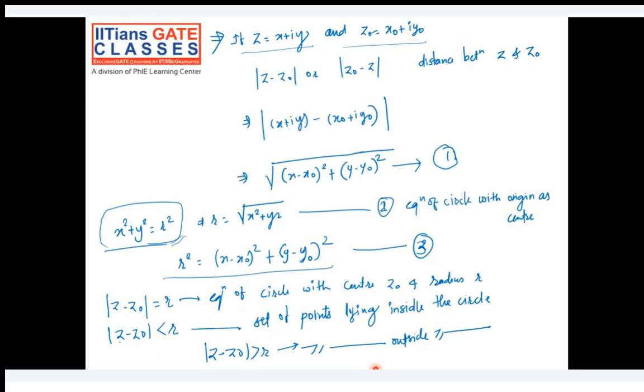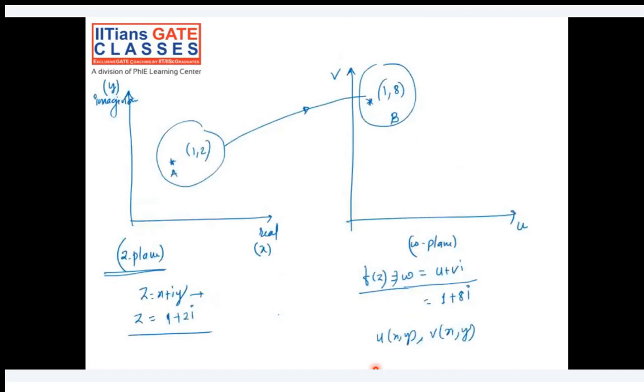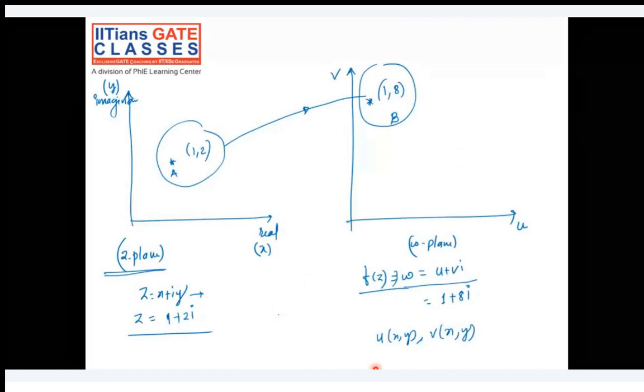A couple of more basic things about the complex number before we move to the first topic, analyticity. Just one more point, try to understand this. How do we plot a function of real variables?